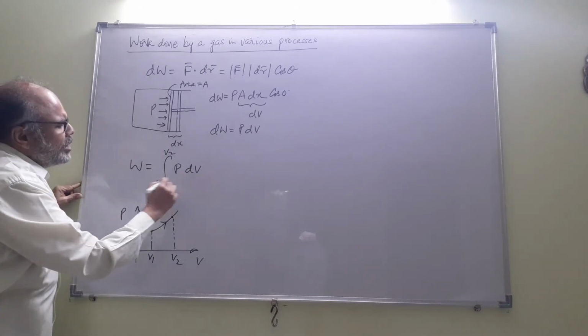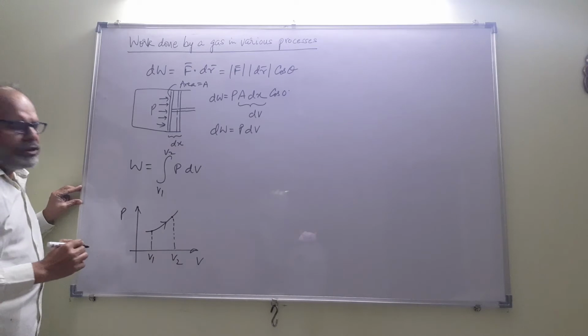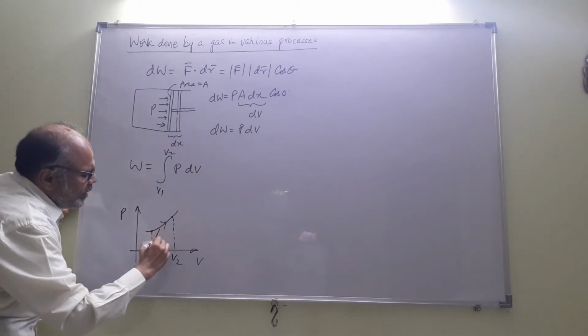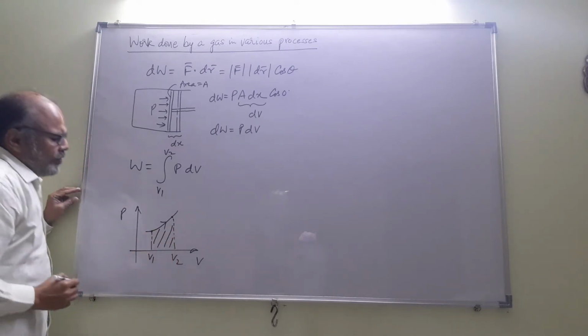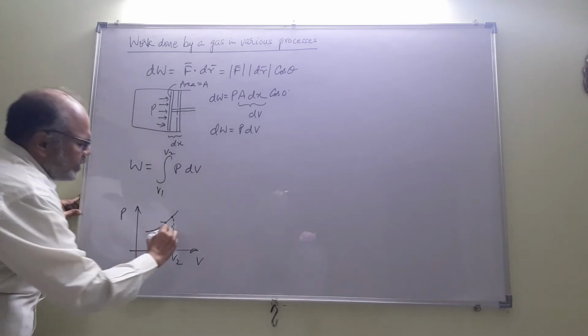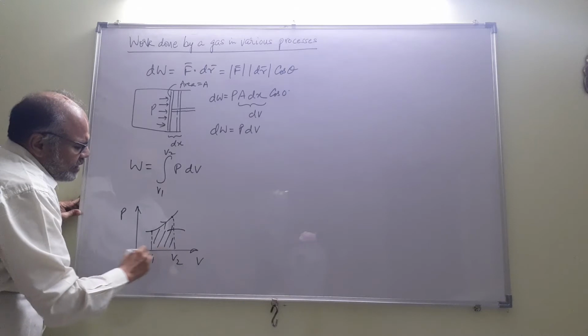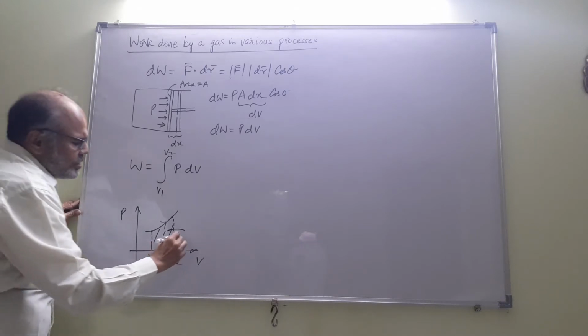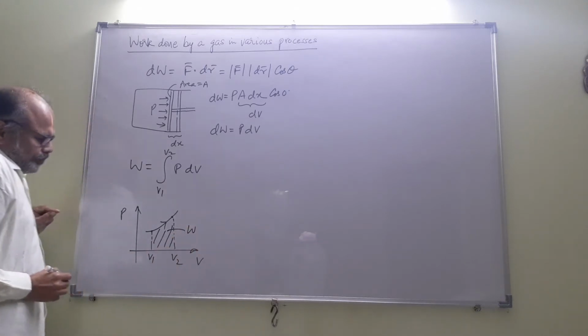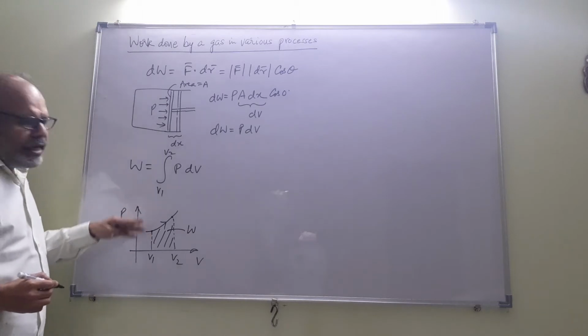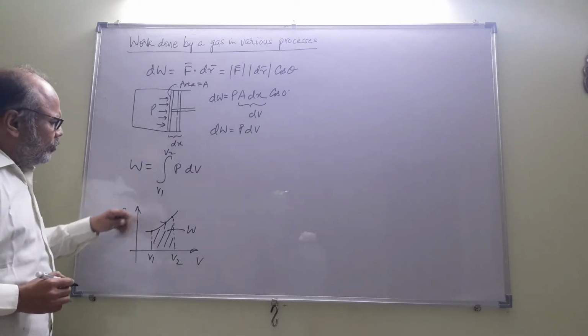So integral P dV, we know from our knowledge of integration, would be the area under this graph. So the area under the PV graph and the volume axis will be the work W. So this way, by comparing the areas, we can compare work.